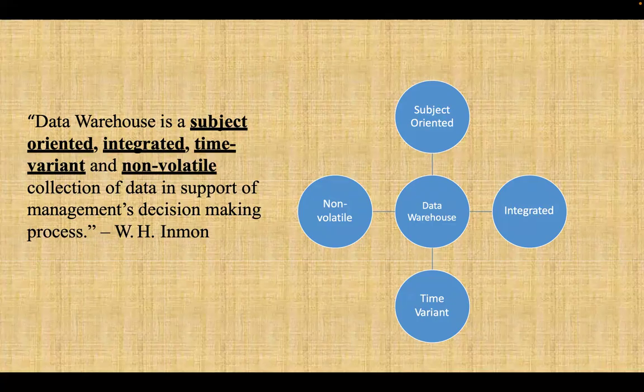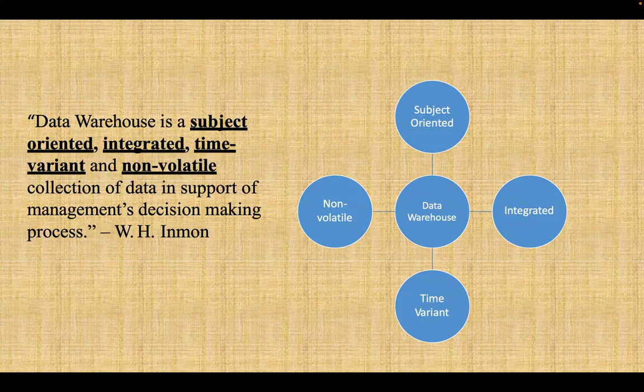Third, it is time variant. And the fourth one is it is non-volatile. So you can see: subject oriented, integrated, time variant, and non-volatile. These are exactly the properties that you have to know regarding the data warehouse.